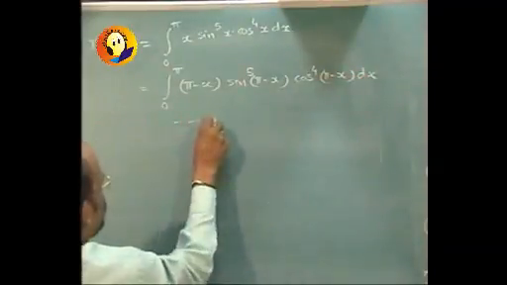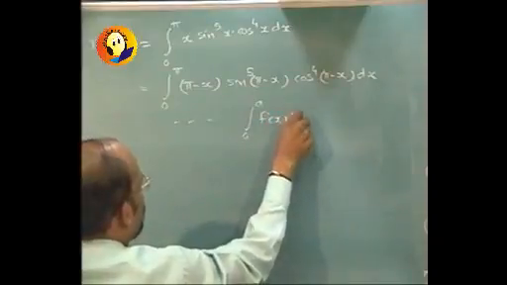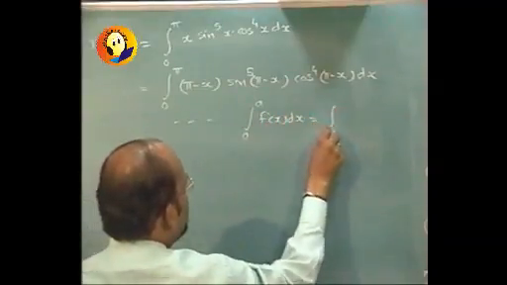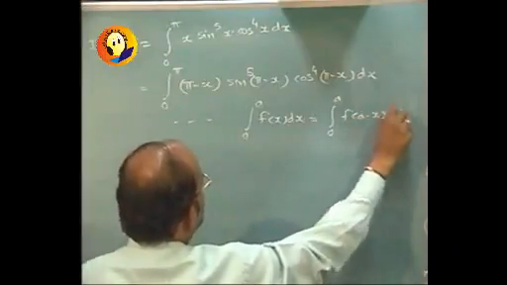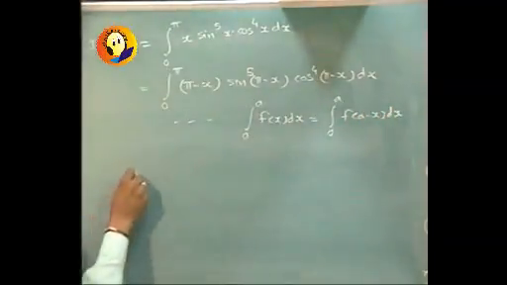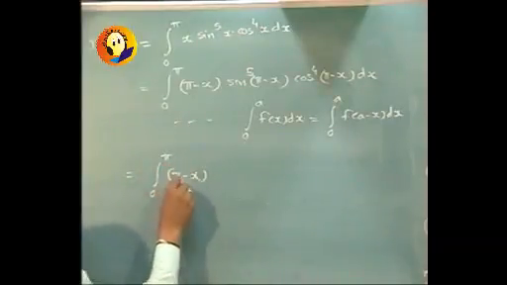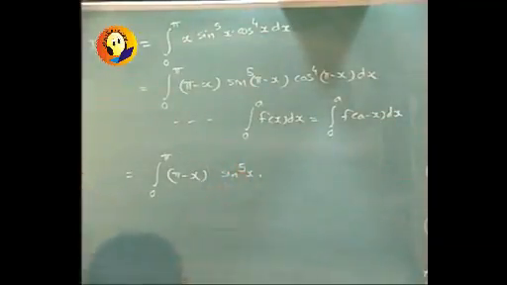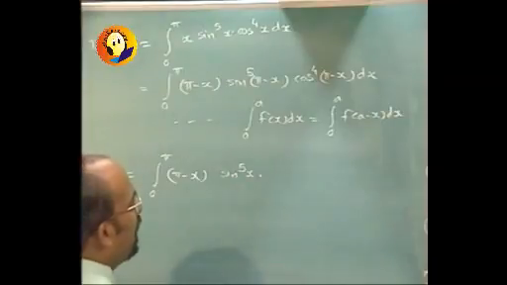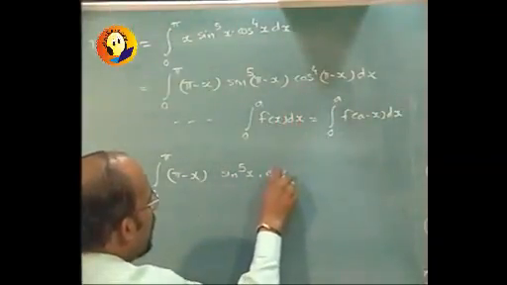This is with the use of the formula that integral 0 to a fx dx can be always written as integral 0 to a f of a minus x dx. This is a valid result. So this will become integral 0 to pi minus x into sin of pi minus x is sin x, so it will be sin raised to 5x, and cos of pi minus x is minus cos x bracket raised to 4 will be again cos raised to 4x.